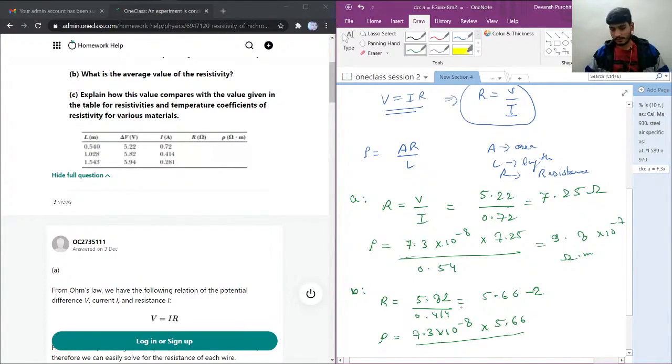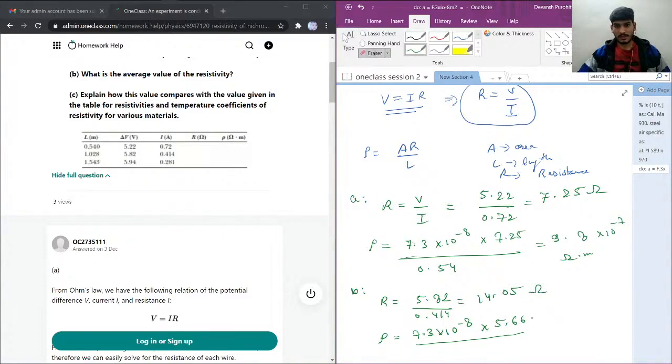So 5.82 divided by 0.414 is 14.05 ohms. I don't like this OneNote application, seriously.